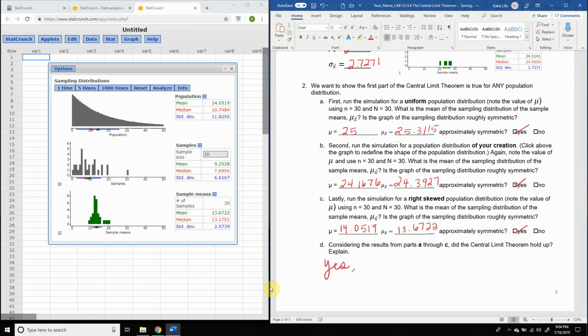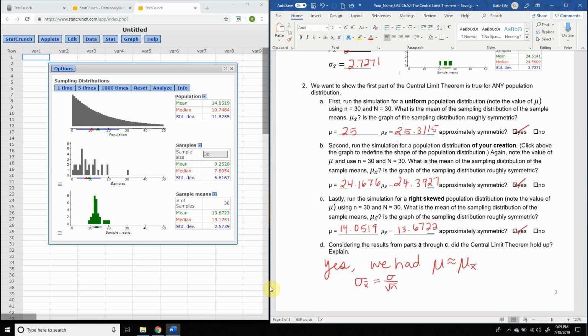Well, yes, obviously it held up because every time we had mu, the population mean, approximately equal to mu sub x bar, the average of the sampling distribution. One thing we didn't check, but we could, would be to see if sigma sub x bar was approximately the population standard deviation divided by the square root of n.